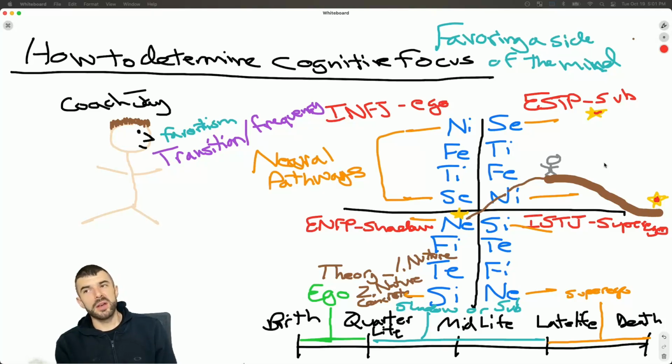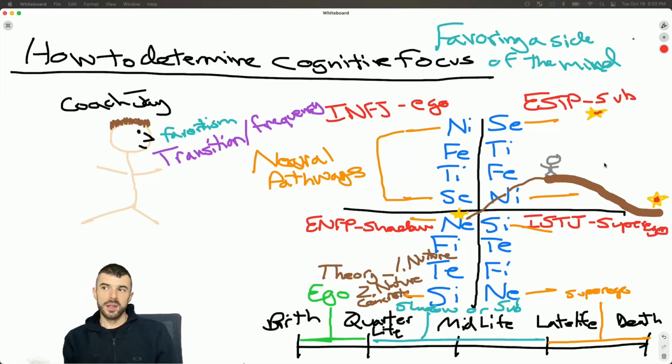Now, the thing is, too, you also have to look at this when you're comparing men from women. I've also noticed that women are more often subconscious focused than men are, regardless of age. So that means, men would be more shadow focused than women are, regardless of age. I have noticed that. But then you can muddy the waters even more when you look at whatever phase of life somebody is in.